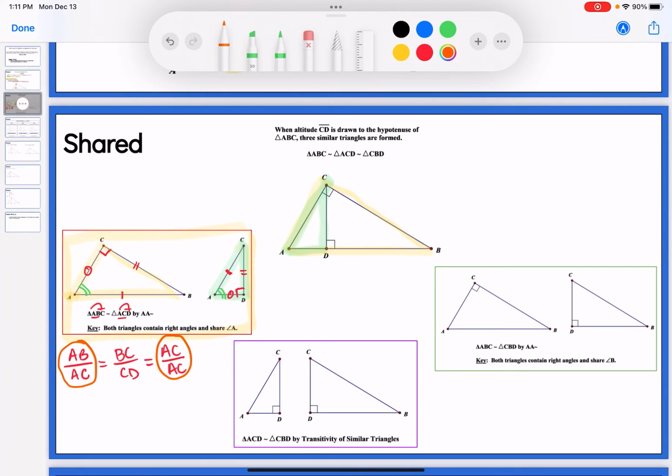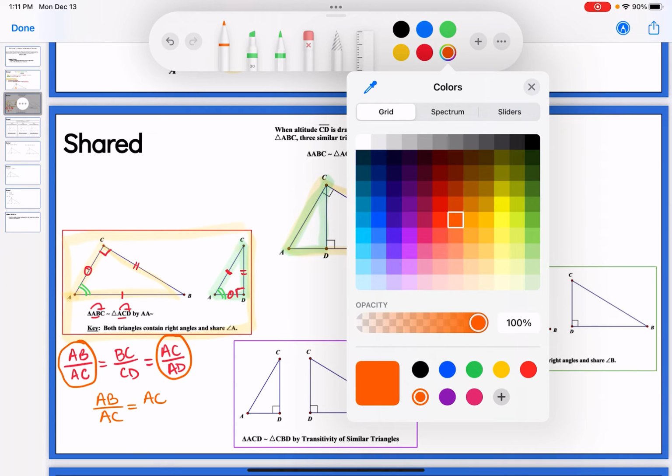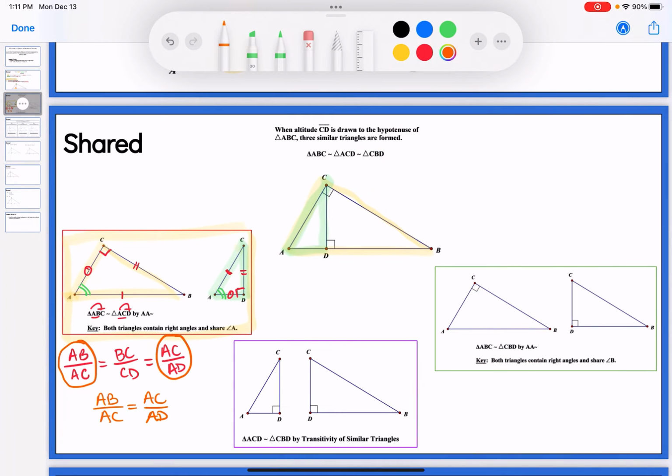So if I just rewrite just those two, that would say AB over AC equals AC over AD. I wrote it wrong down here on the bottom, I apologize. Now, I know that when I have a proportion like this, I can cross multiply. So if I cross multiply, AC times AC, that's AC squared, equals AB times AD.